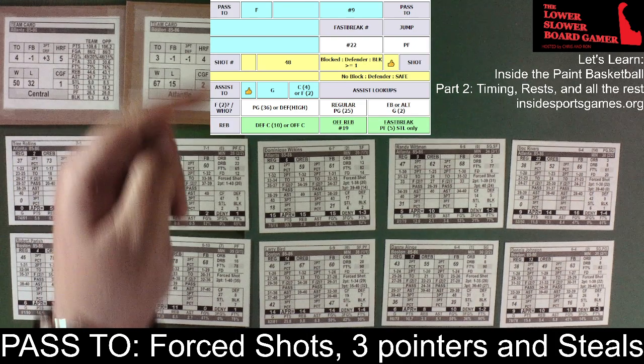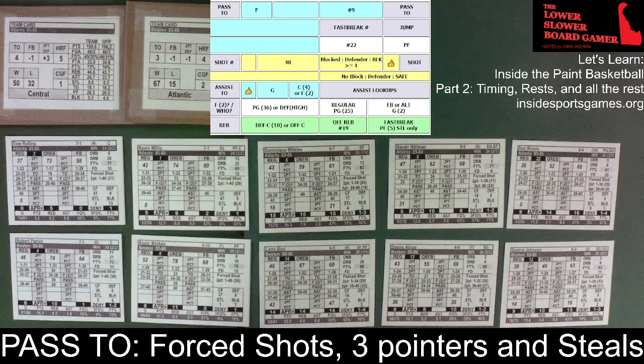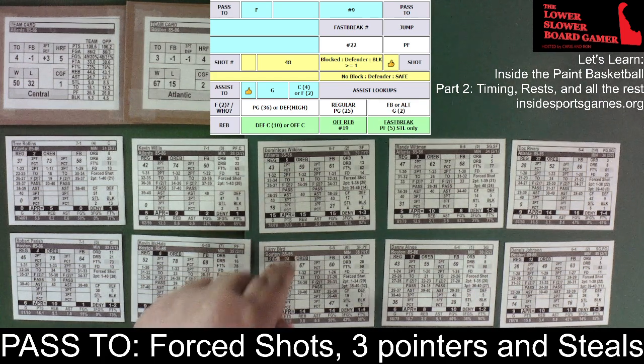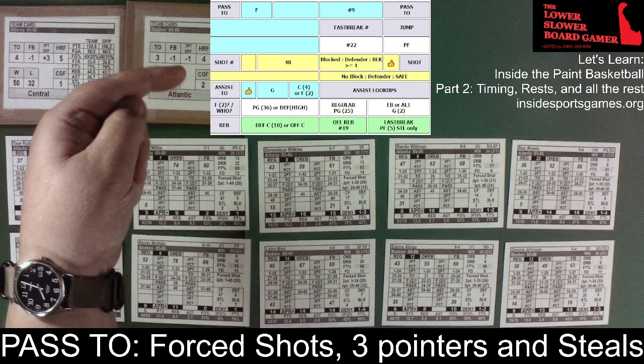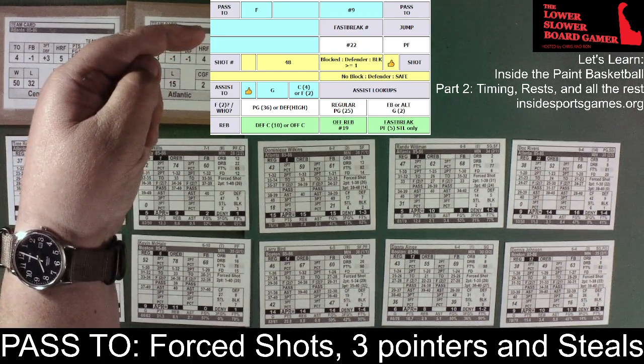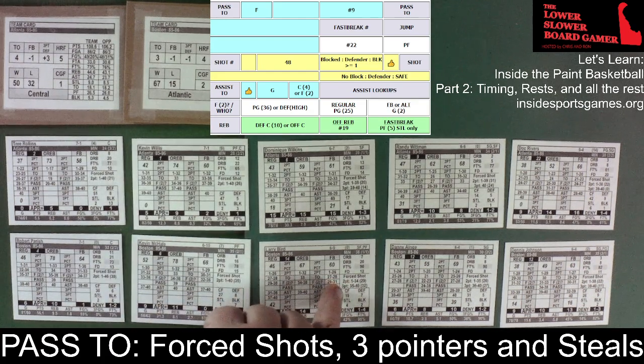If, however, you have a result which allows you to have a qualifying player to take the forced shot, in this instance a forward, so it's going to be Larry Bird, you do not pay attention to any stops that may be listed here. You totally ignore them. You go straight to the shot, but you're going to look at the forced shot section over here.